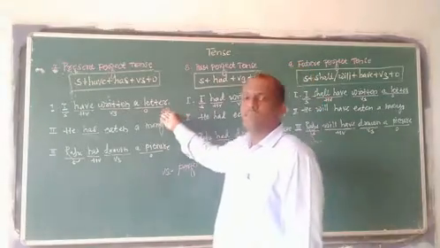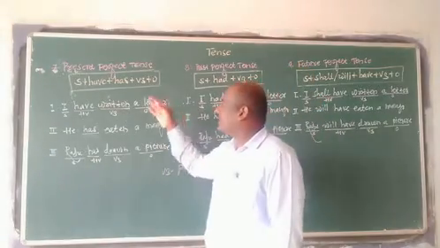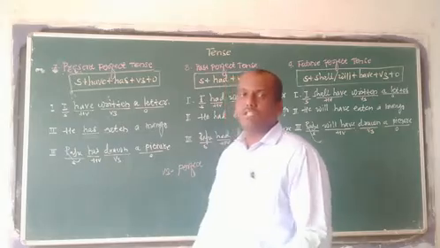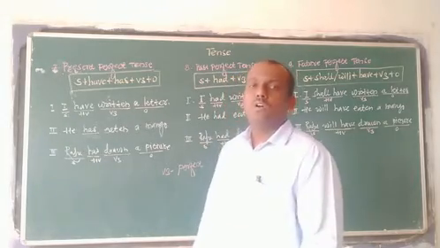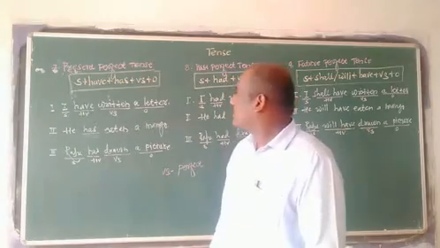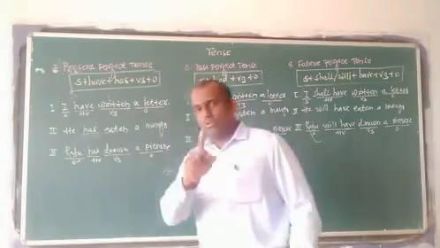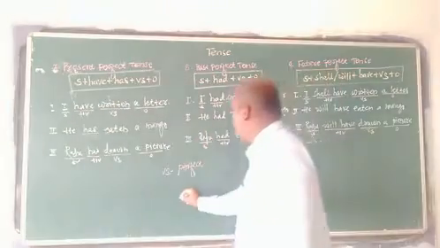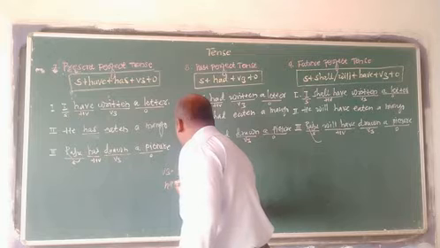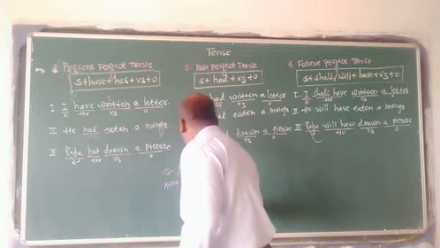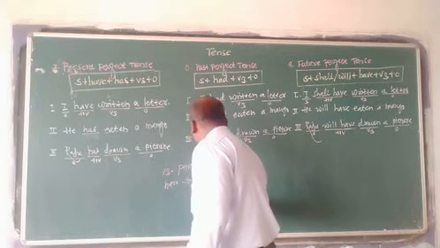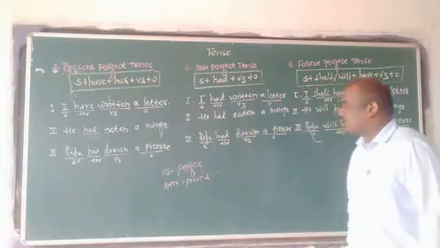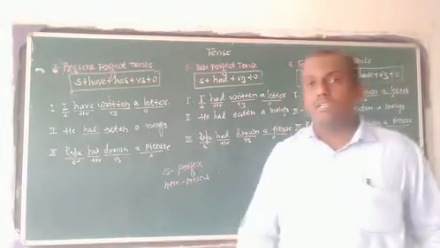Object never helps us to identify the tense. Subject is also not important to identify the tense of the sentence. Then have: I told you have is always used in present tense.